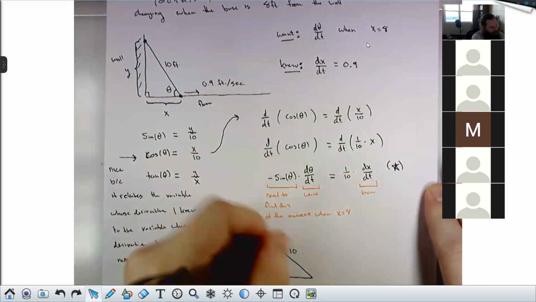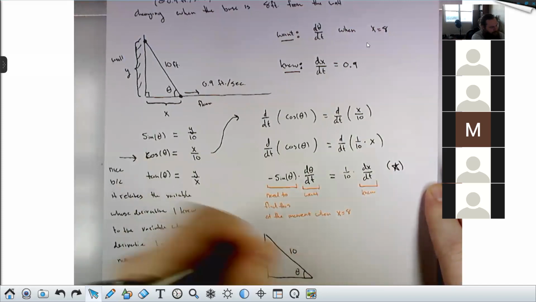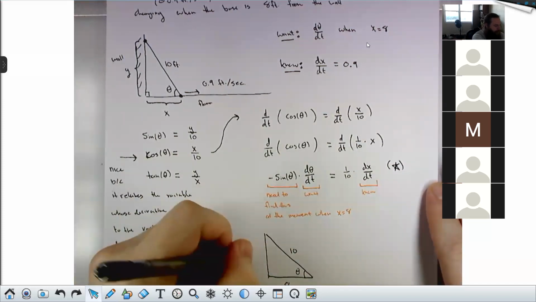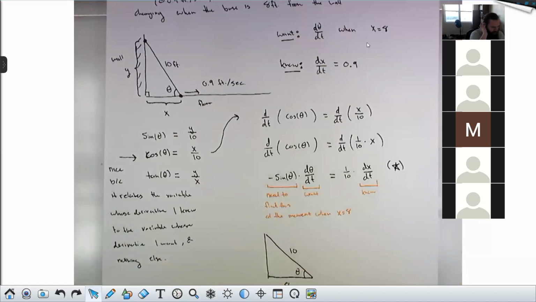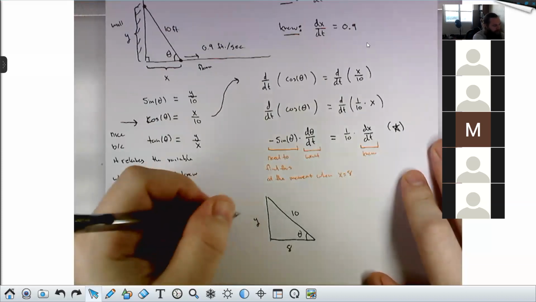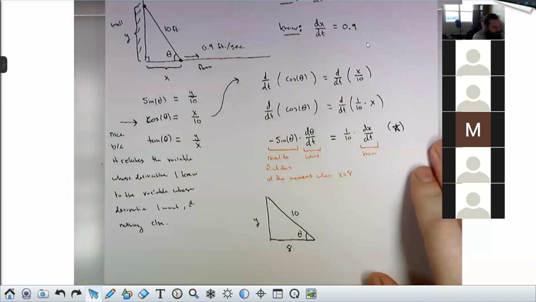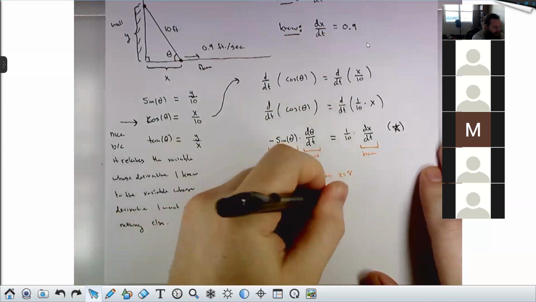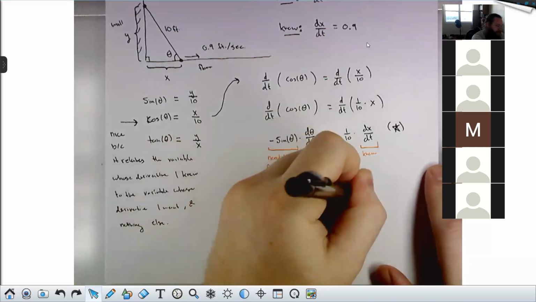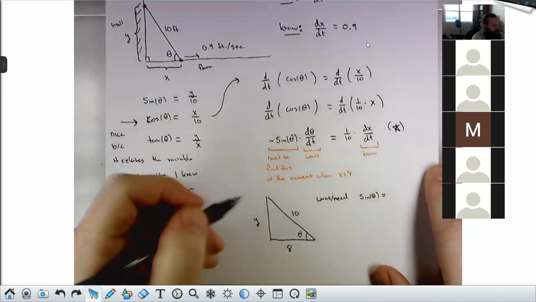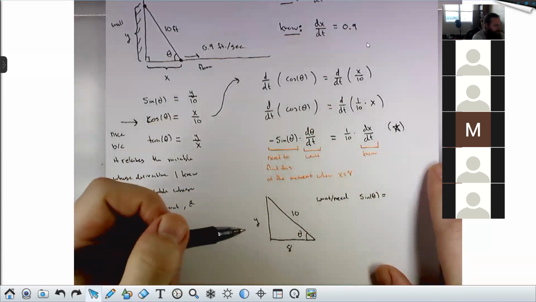All right, so this is 10, this is θ, and I'm interested at the moment when x is equal to 8. What I want is sine θ, right? It's negative sine θ. In order to get that, I need to find what y is. So I need sine θ. Sine θ is the opposite over the hypotenuse, right?